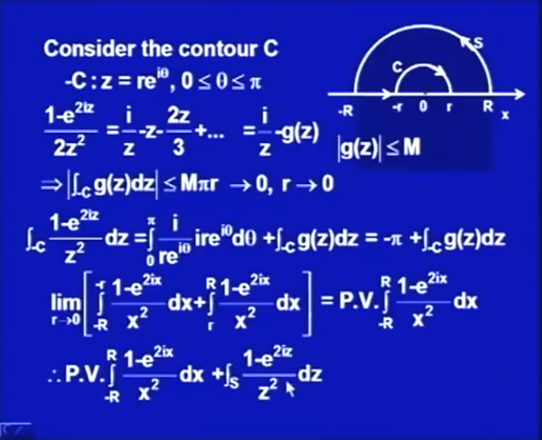now our integral along this closed contour was 0. Now, we are putting this limit, small r approaching 0, along this whole closed contour, which is equal to 0.